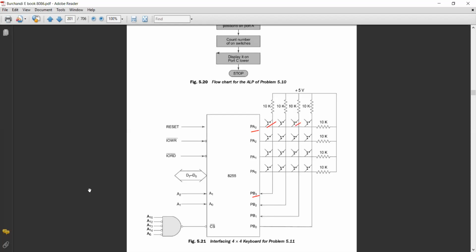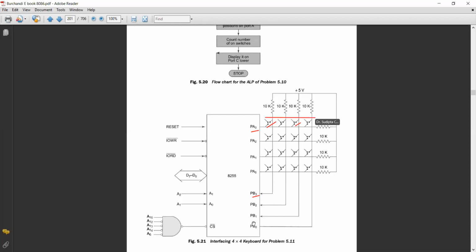When this switch is pressed, PB1 is 0 and PA3 is also 0. With the help of these two combinations, we identify which one is 0. The left hand side portions are all nothing but switches, from this to ground.